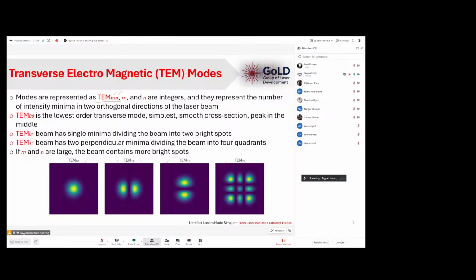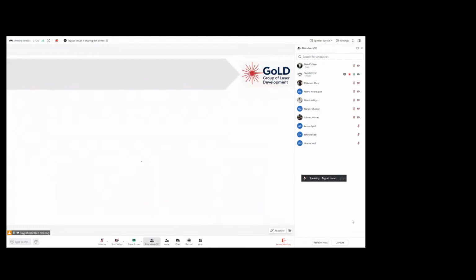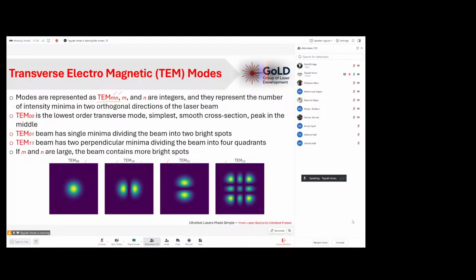It's not like a longitudinal mode. M and N are integers, and they represent the intensity minima.